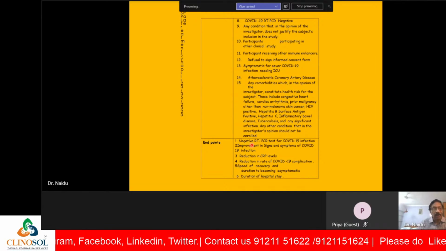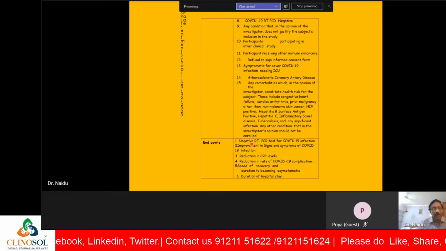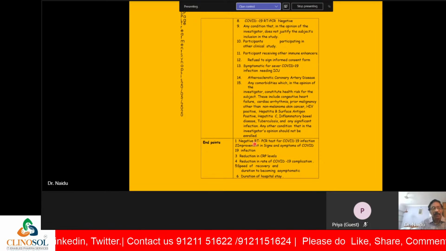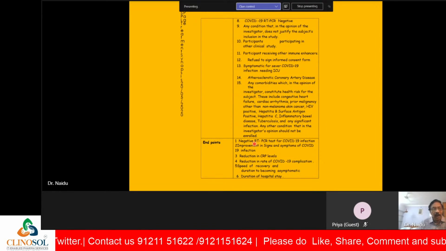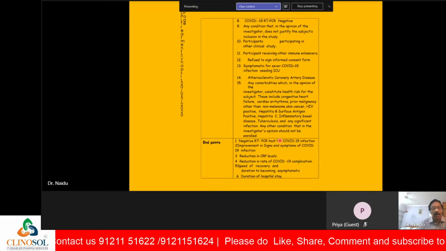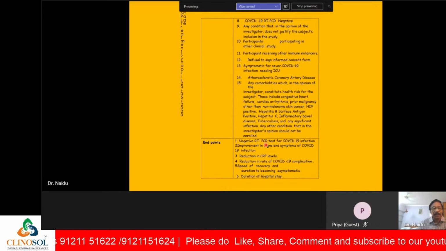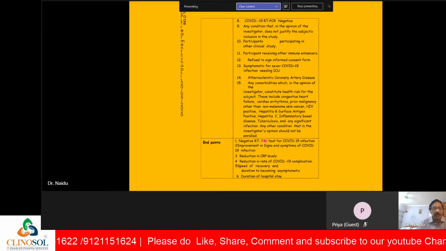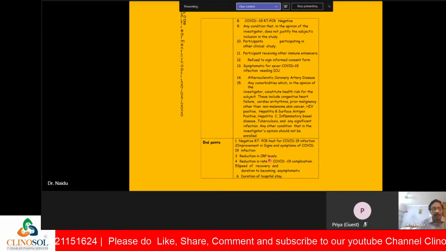I have prescribed this because I want to see that the individual should become negative for RT-PCR, because only RT-PCR positive patients are included. If my drug is effective, it should become negative after the treatment.